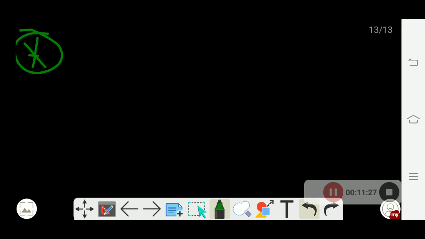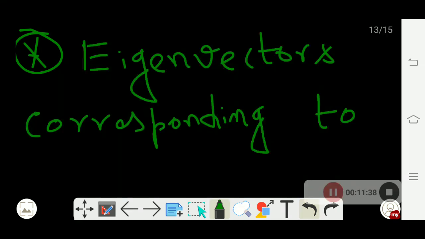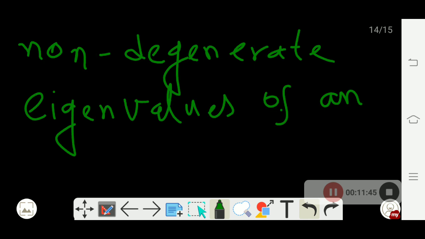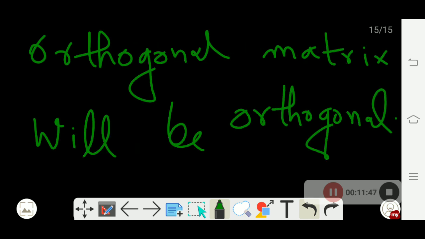Eigenvectors corresponding to non-degenerate eigenvalues of an orthogonal matrix will be orthogonal. Again, I need to pause. Let me write. I will make you understand this. So what is the statement? Eigenvectors corresponding to non-degenerate eigenvalues of an orthogonal matrix will be orthogonal.